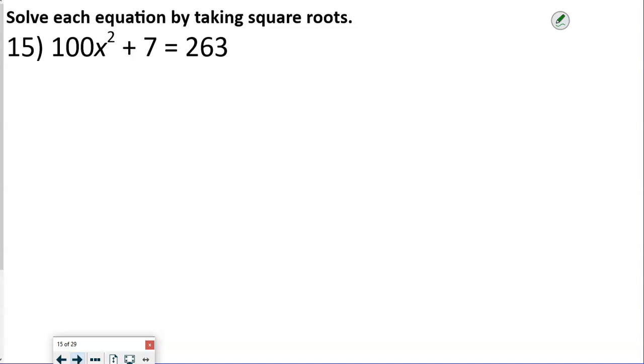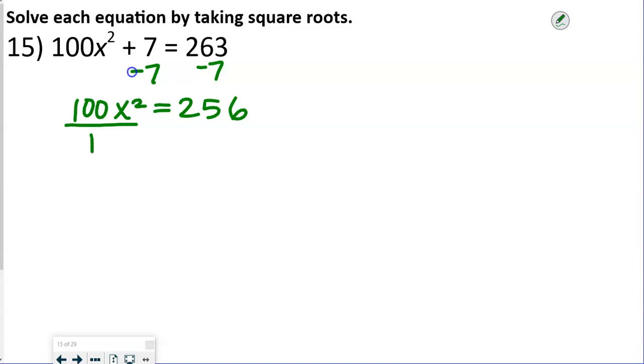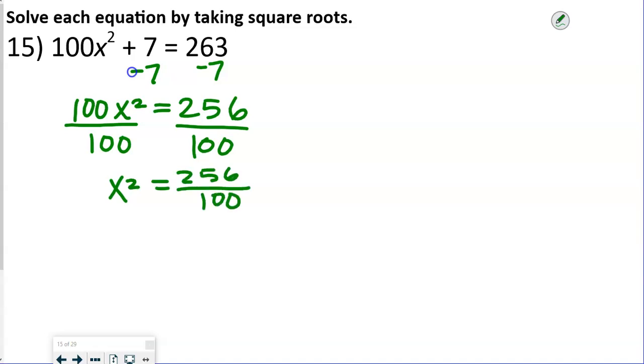So our next one, again, going to subtract 7 from both sides. So this is going to be 100x squared equals 256. Then we're going to divide both sides by 100, which is going to leave us with x squared equals 256 over 100. Then I'm going to take the square root of both sides.